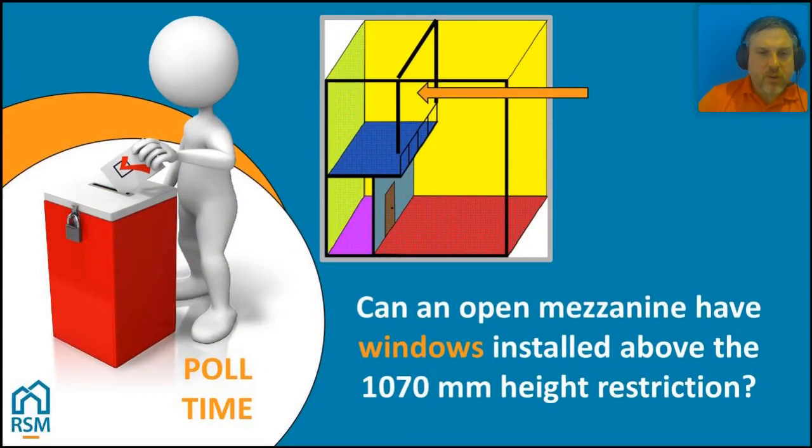In this particular diagram, when we're trying to determine an open mezzanine, it says that the blue area can't be more than 40% of the open room in which it's located. The way I interpret it is that this red section is the room that it's located in.